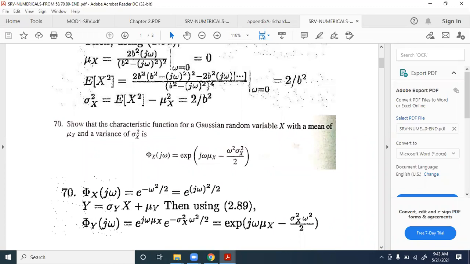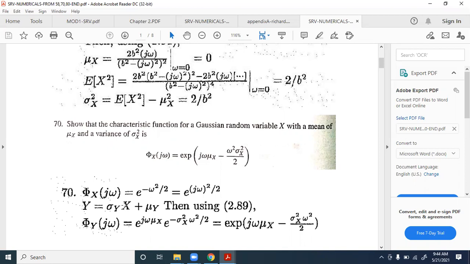So e to the power of j omega mu y can be taken out, and the rest of the thing can be kept as e to the power of sigma y, expectation of e to the power of sigma y into x multiplied by j omega.